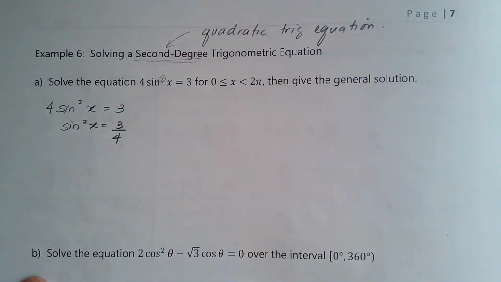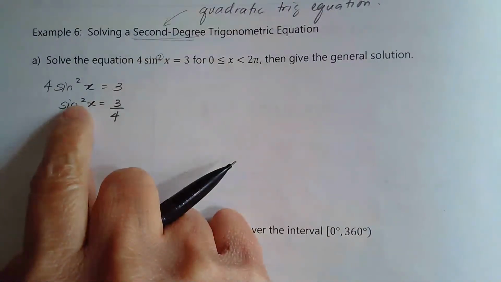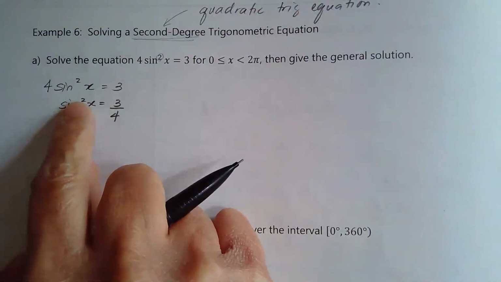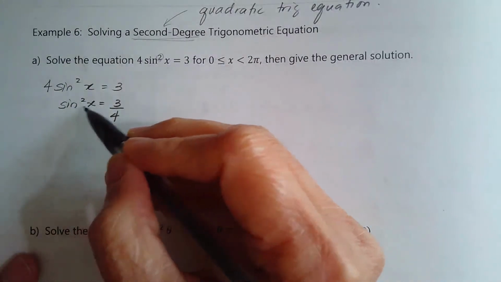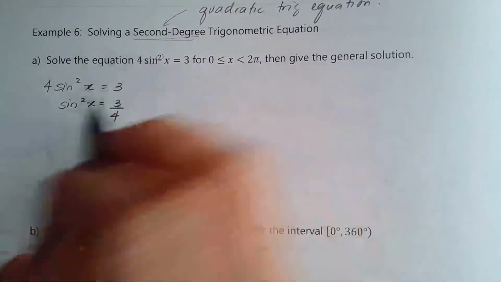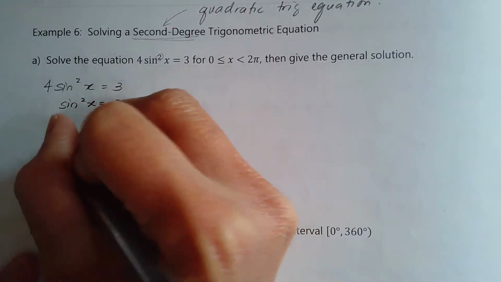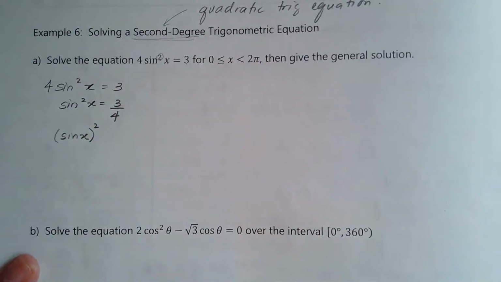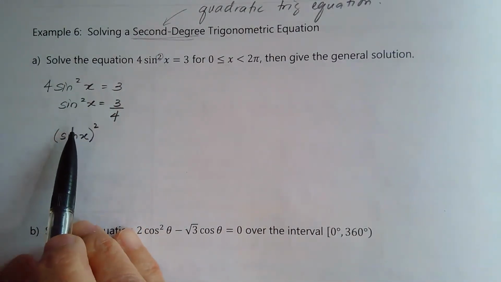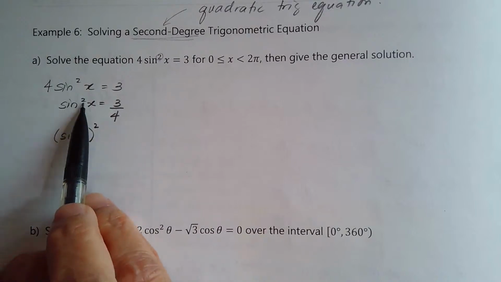And then we have to get rid of the square. I want to write this down first: sine squared of x means sine of x, squared. It's not x squared, but sine squared of x.